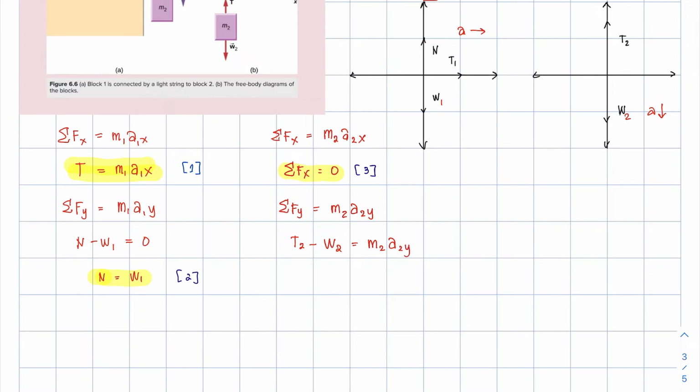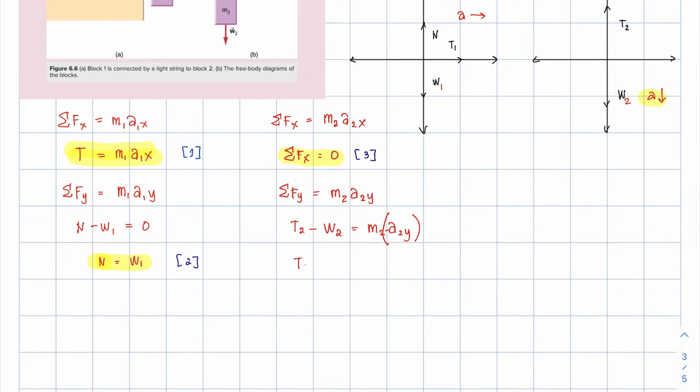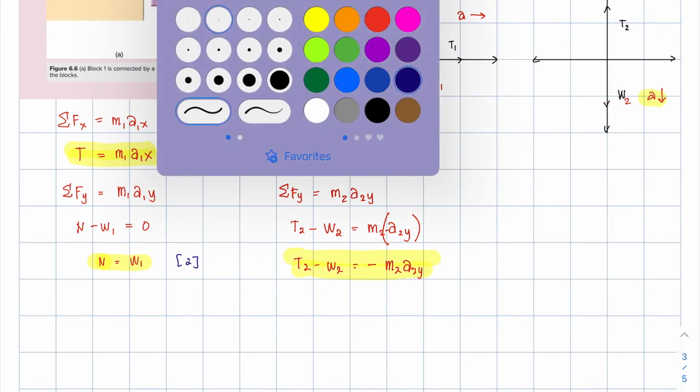Do not forget that acceleration is still a vector quantity. Therefore, what I really meant when I said a2y is negative a2y to take into account its direction. So I will be having T2 minus W2 is equal to negative m2 a2y. So this will be my equation 4.